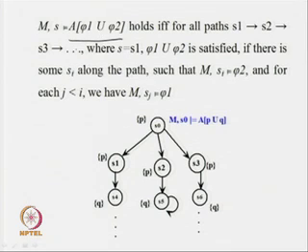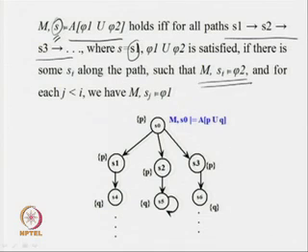That means, in all paths phi 1 remains true until phi 2 becomes true. So, we say that this formula holds in a state S of model M, provided for all paths that we are going to look at, having transitions from S1 to S2, S2 to S3, where the starting state of the path S1 is equal to the state that we are looking for, phi 1 until phi 2 is satisfied if there is some S i along the path such that M, S i models phi 2.